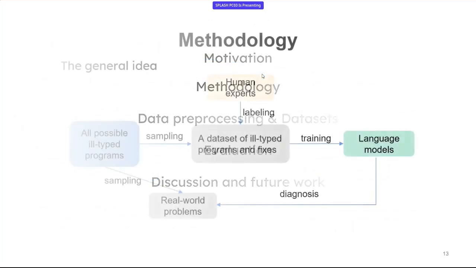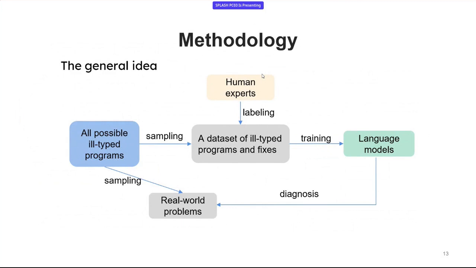Okay, right. Now I want to show you a general idea of our methodology. First, we have some imaginary true underlying distribution of all possible ill-typed programs. This is usually an assumption we make in the machine learning field. With this distribution, we can do sampling.